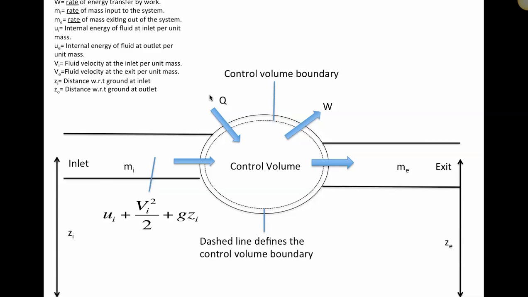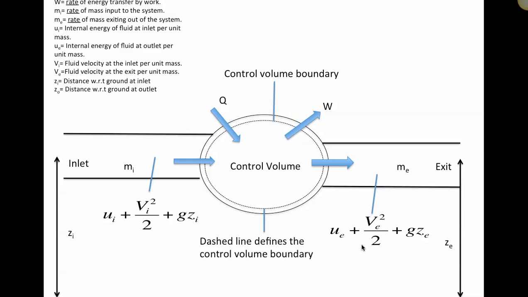So the fluid coming in has the internal energy term, the velocity term and the potential energy term. Ui is the internal energy of the fluid, Vi square by 2 represents the kinetic energy of the fluid, and g zi represents the potential energy of the fluid.